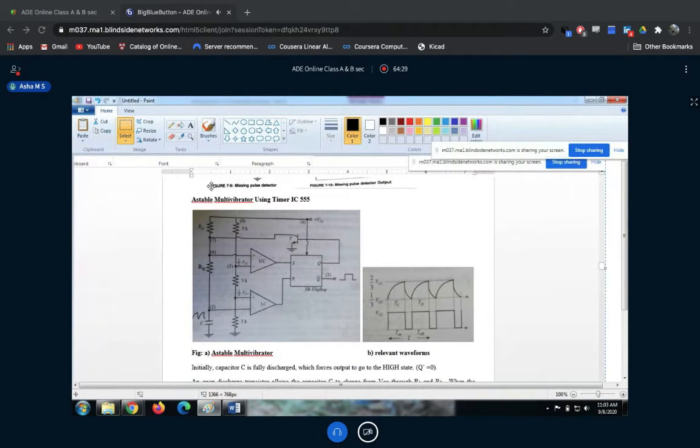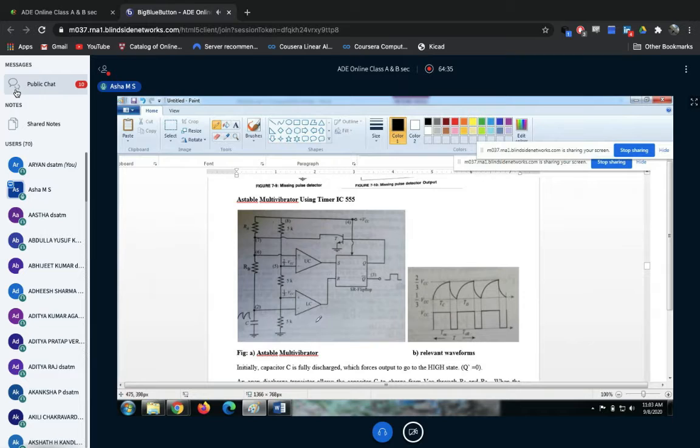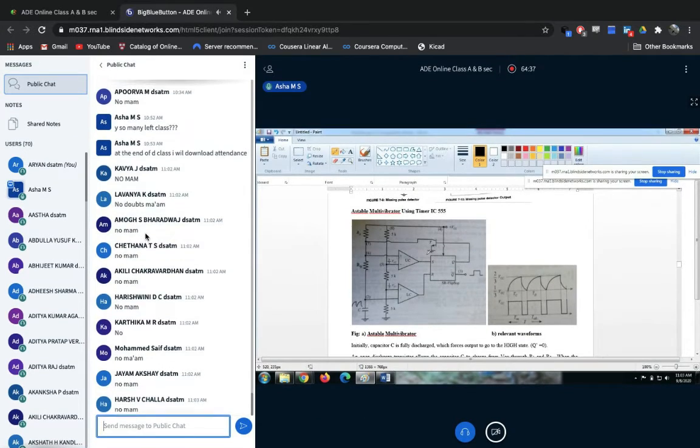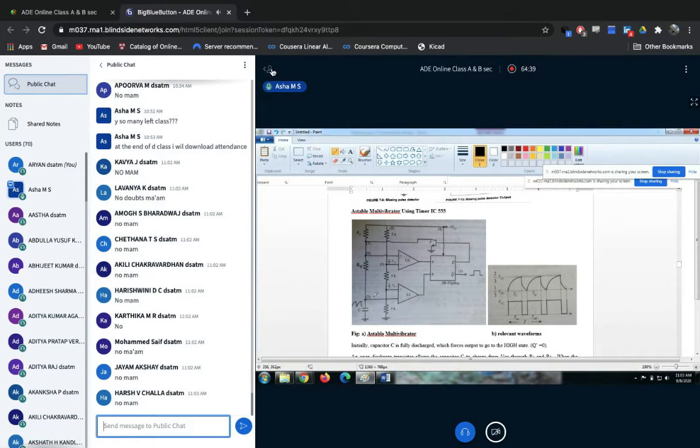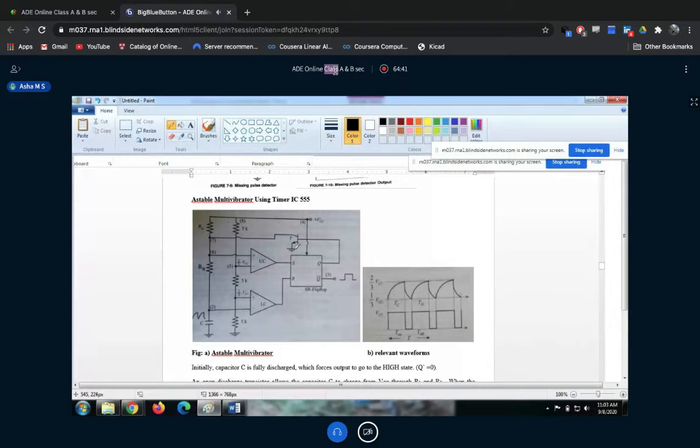As astable, both the states are not stable and everything gets repeated. Here also you have two comparators, a flip-flop and a transistor. The same story. What is the difference between that one and here? There you have an external trigger and here you don't. That's it. So let's start with the same assumption here.